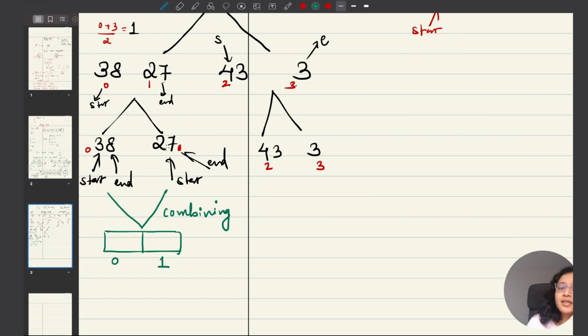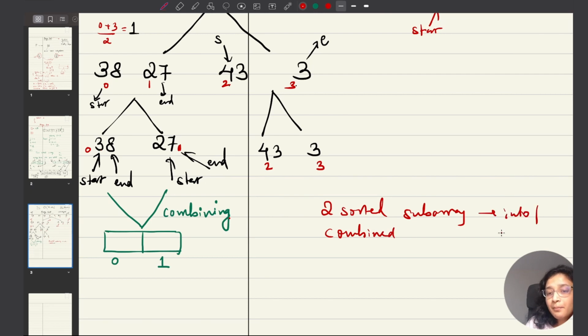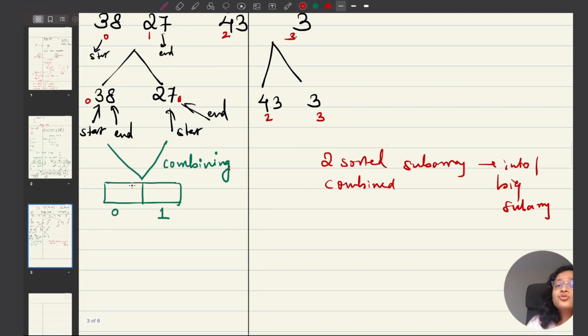Now tell me, isn't this very similar to having two sorted subarrays, where the combining step is nothing but combining these two sorted subarrays into one big subarray? Yes, and we know exactly how to solve that question, which can be done in linear time complexity. So basically the combining step here in merge sort is nothing but you have two sorted subarrays, right?